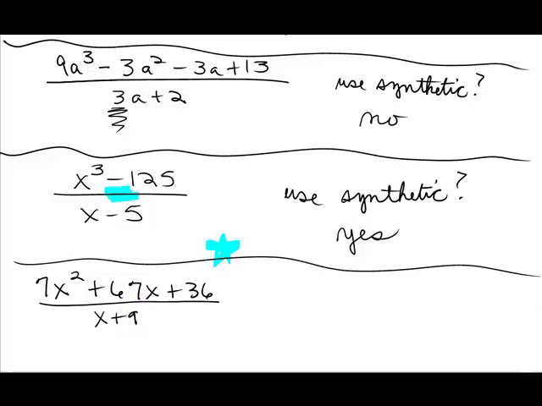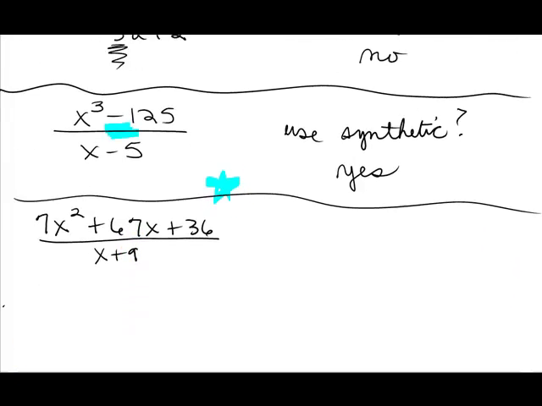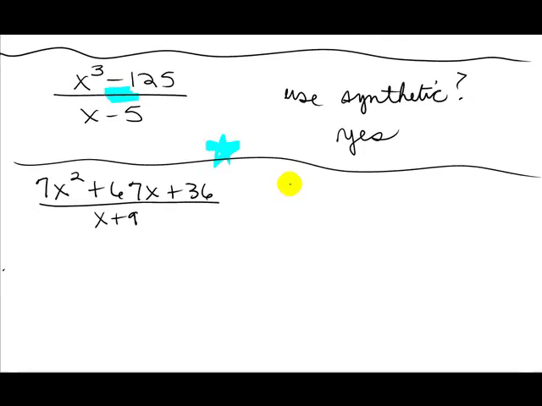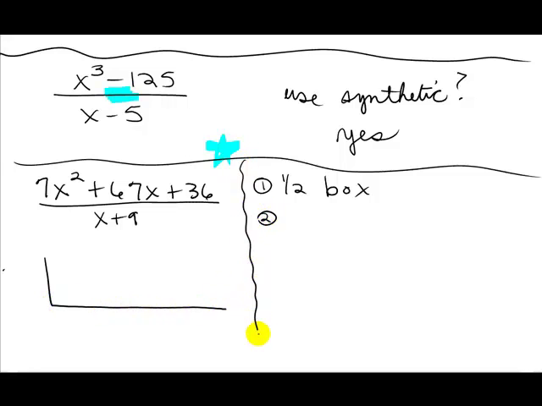And so when we're looking at this, the first step is we're going to write a half box. So we've got a half box. The second step here is to write our coefficients in the box.